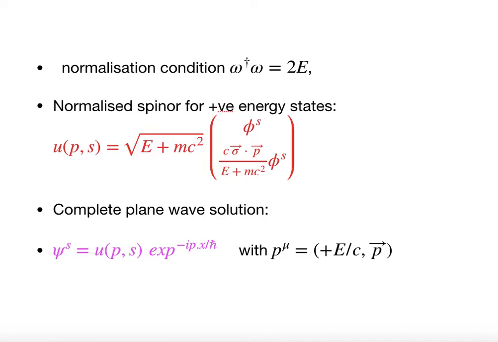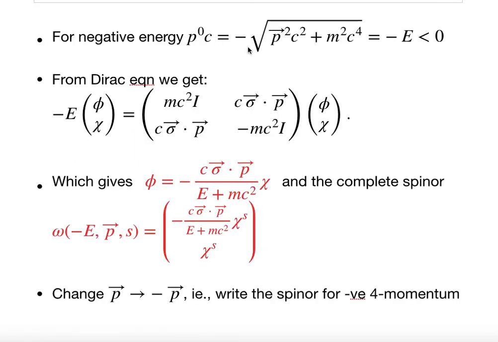Similarly, I can write this down for the negative energy solution, when this P0C is a negative quantity, which I write as minus E less than 0. Now you have a similar equation and you do the same exercise. But here you note that I write phi in terms of chi. Because if I wanted to write chi in terms of phi, I would have E minus mc square here.